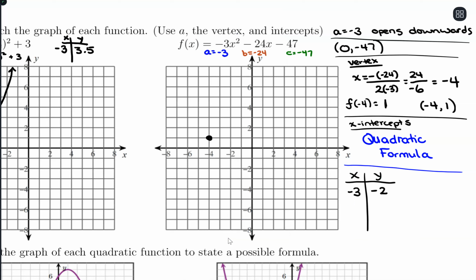So we have the coordinate (-3, -2), which means we also have (-5, -2), just from symmetry. You can find more coordinates, but really that gets us going in terms of our values. All right, so we'll come back to those x-intercepts, but they're a bit messy, and they come from the quadratic formula.